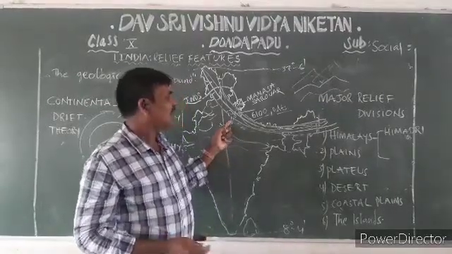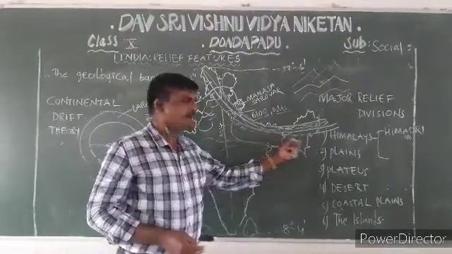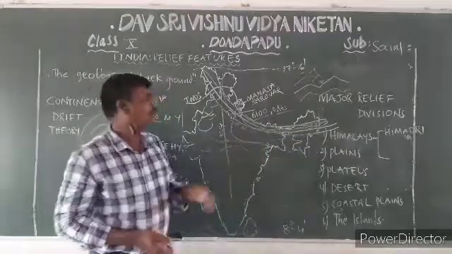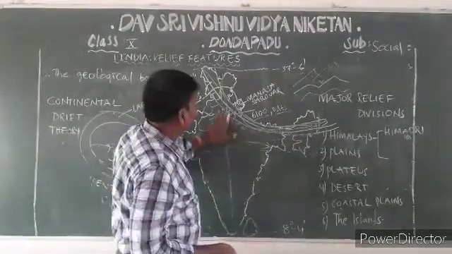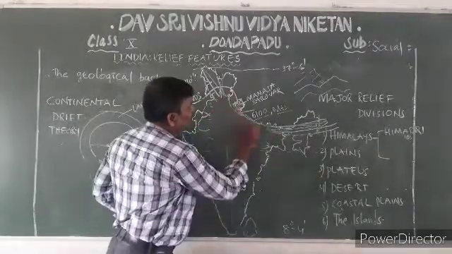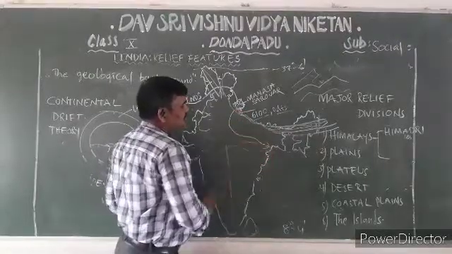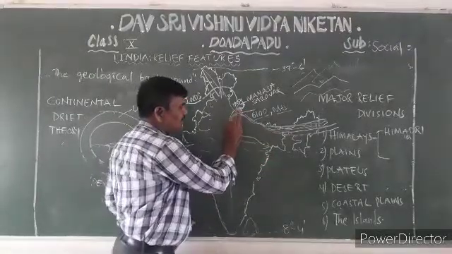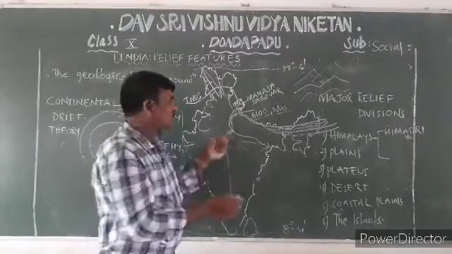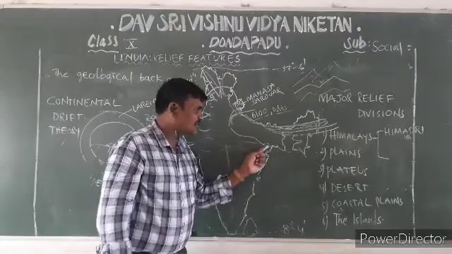Now we see the next plains. What are they? Ganga plain as well as Brahmaputra plain. Now focus on the Ganga plain. You can see here river Ganga is moving in this direction. Wherever this river moves, the states along it will automatically be benefited, right? So you can see here Uttarakhand, Uttar Pradesh, Bihar, West Bengal.